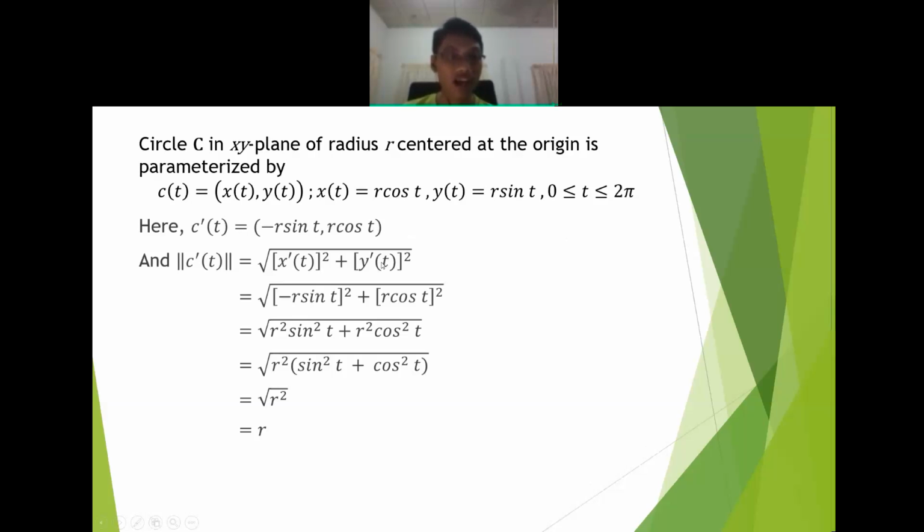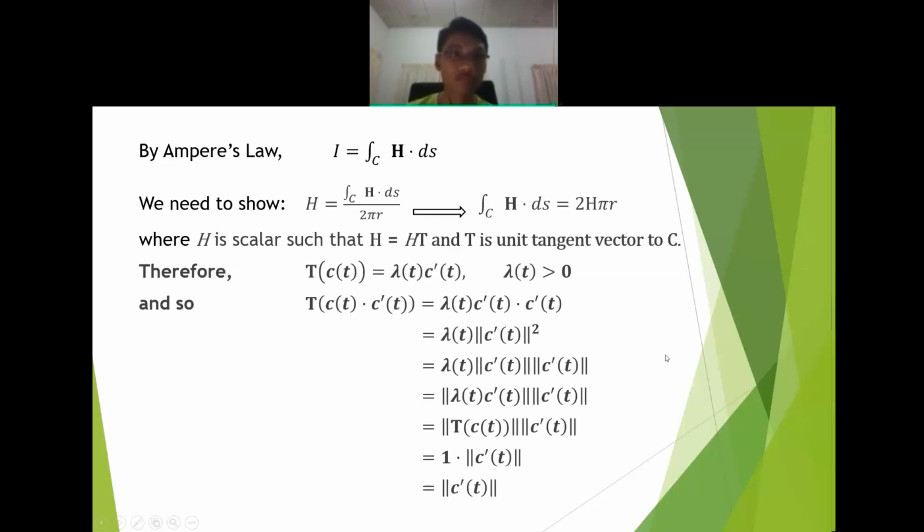After that, we calculate the magnitude of our vector by following this particular equation. We input our x prime and y prime into this equation, do some simple calculation, and we get the output of r. Moving on, by Ampere's law, we know that I equals the integral over C of H ds.